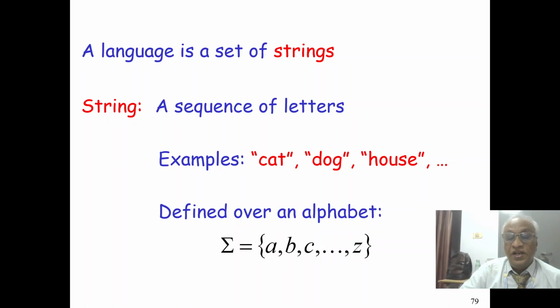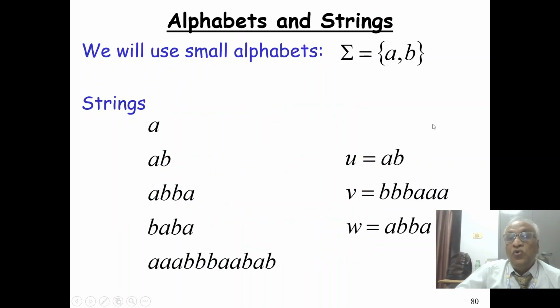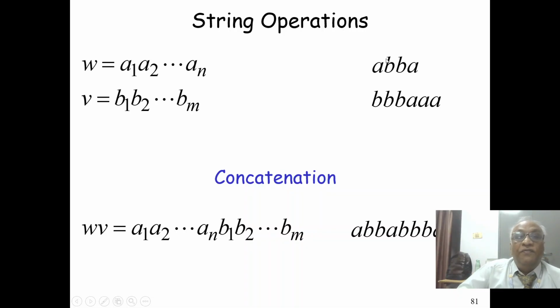So let us recollect our previous discussions. We have strings, okay, and the sigma is an alphabet having symbols A, B, C, and U, V, W here are the strings. Then we can perform concatenation operations like here W and V. So let us say W is ABBA, V is BBBAA.